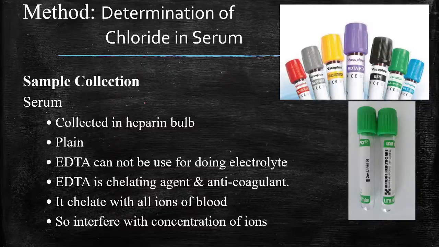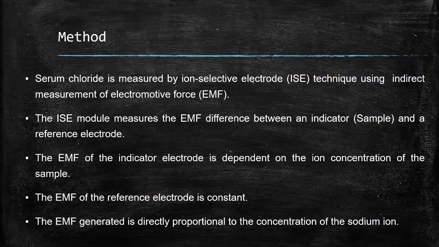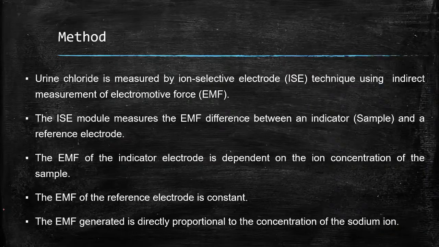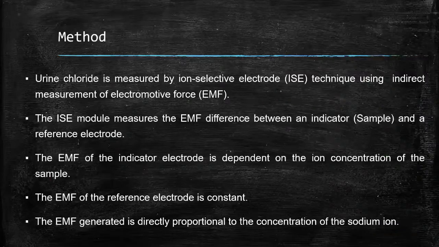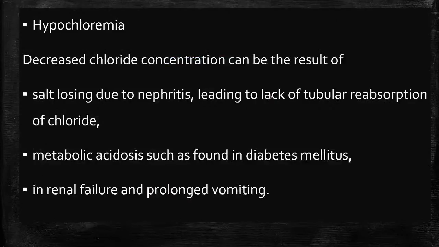So how is it determined? In serum, it is determined by ISE technique, ion selective electrode technique, same as the previous one. In urine also, ISE technique is used. Okay, so decreased chloride concentration is called hypochloremia.